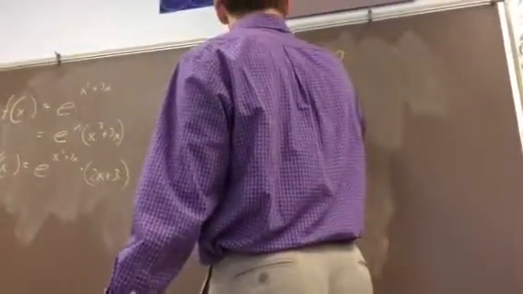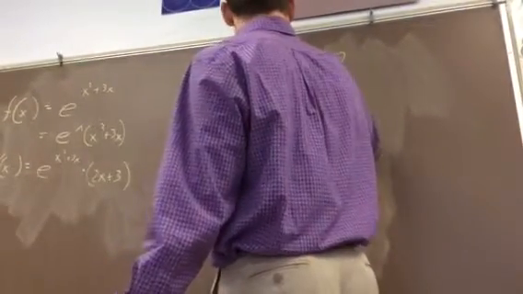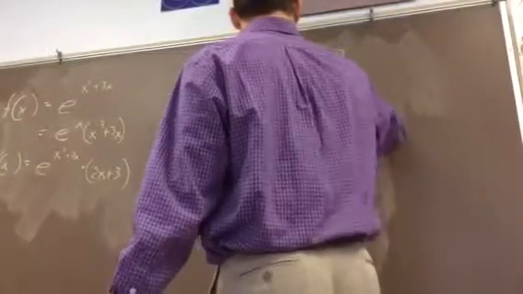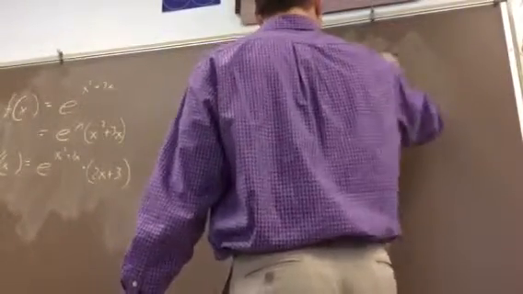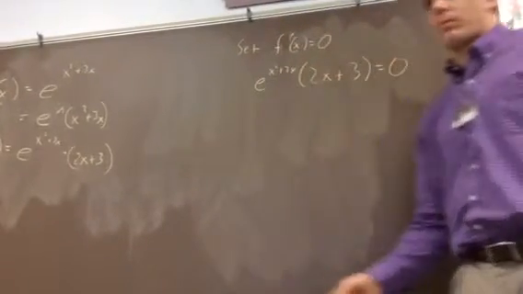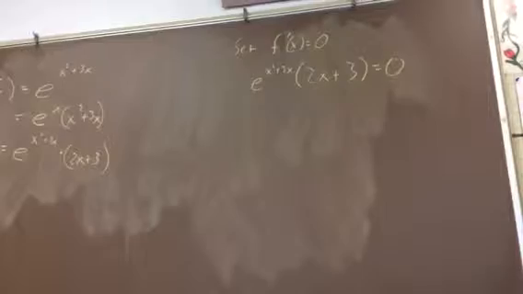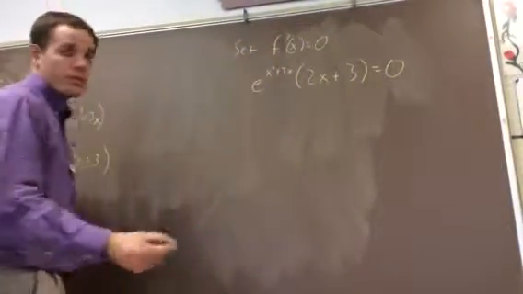So when is e to the x squared plus 3x times 2x plus 3 going to equal 0? Well, we could break it up into its parts, right? Remember this.